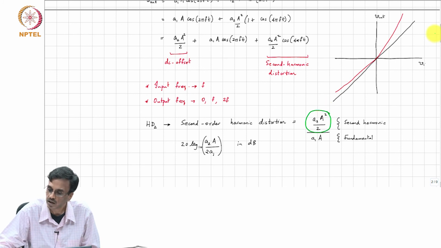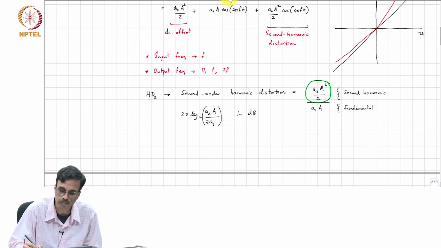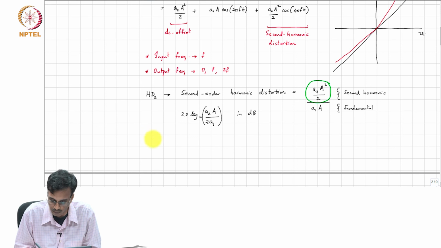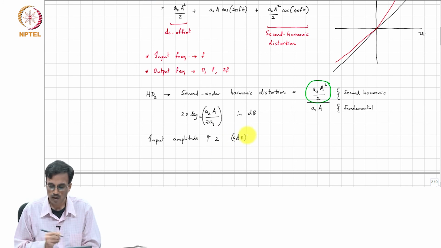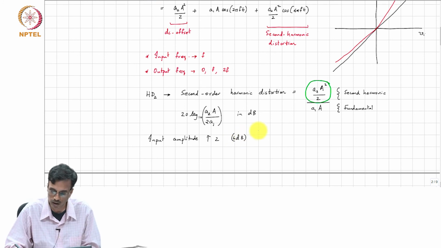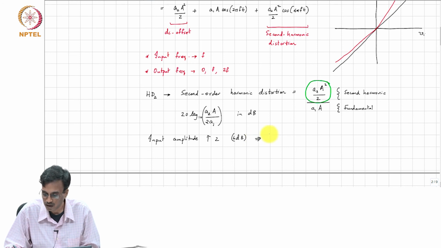So, in other words, if you double the input amplitude, let us say it goes up by a factor of 2, which is 6 dB, what comment can you make about the amplitude of the second harmonic?